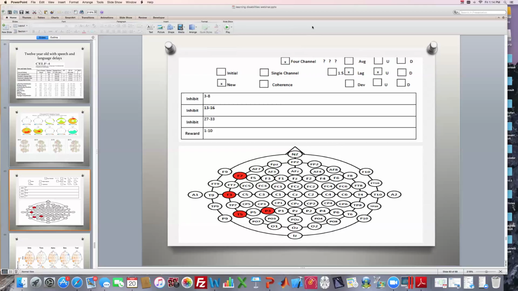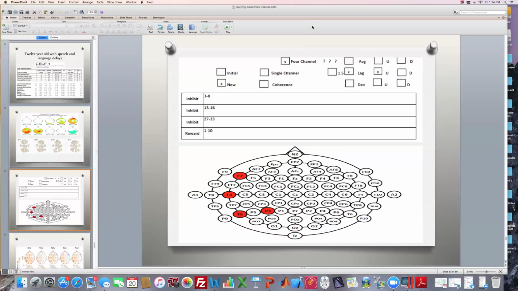It works more efficiently. In fact, we've had a few cases of individuals with OCD, for example. OCD, as a rule, typically has hypercoherence over midline frontal regions, especially over FZ and surrounding areas.